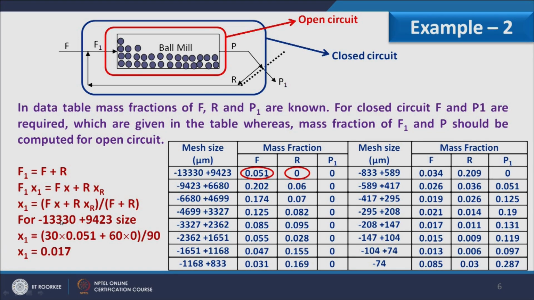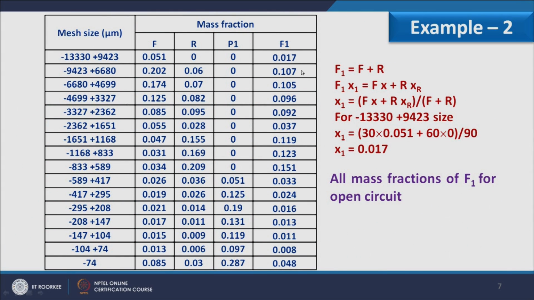Corresponding to the first size, that is minus 13.33 mm plus 9.423 mm, the value of x1 has come as 0.017. In a similar line we can calculate the fraction for other sizes also, and once I calculate this, we can represent all F1 values in terms of x1.